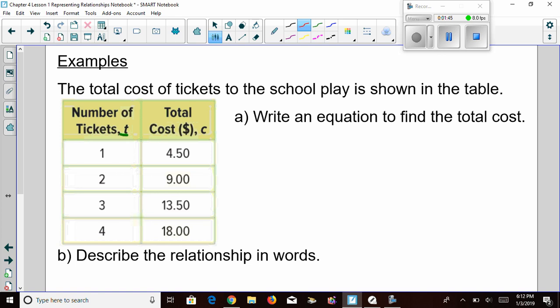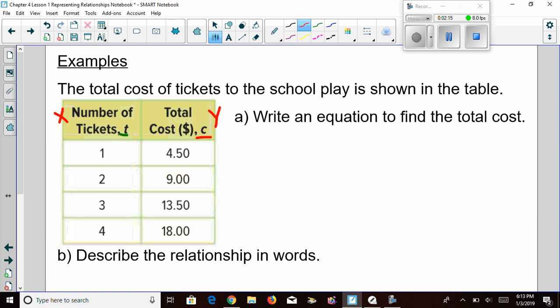On the right column, the total cost, which is in dollars, will be represented by C, and we have values there. We've talked many a times about what is our X and what is our Y, but in this case, we're using different variables. Our X is now going to be T, and our Y is going to be C.